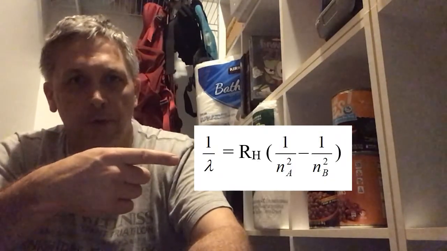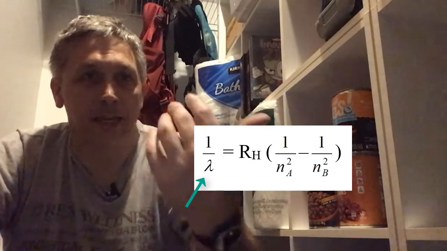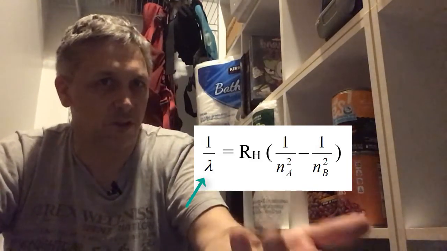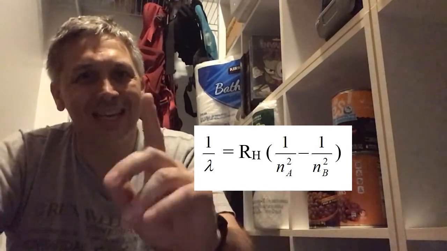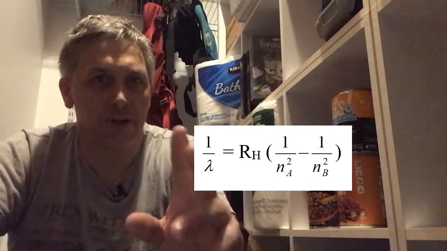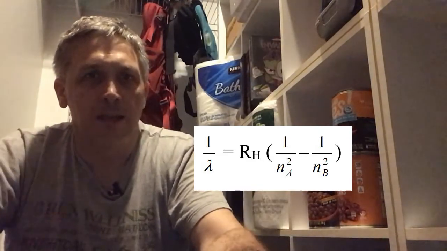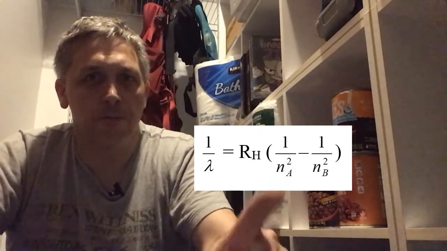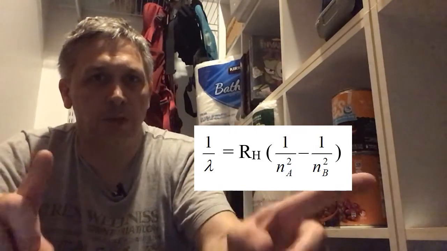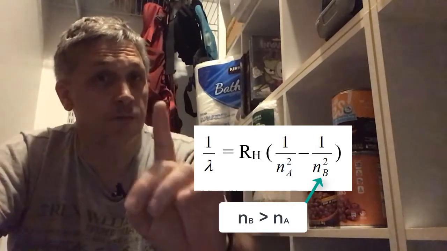So this is a common way to show the Rydberg equation. In his equation, lambda is the wavelength, like you've probably seen in other places. The N's are just any positive whole numbers, 1, 2, 3, 4, etc. The reason I like to show it this way is that it's easy to remember which N goes in which place, because N_B is the bigger of the two numbers.